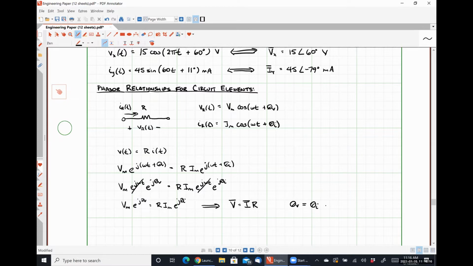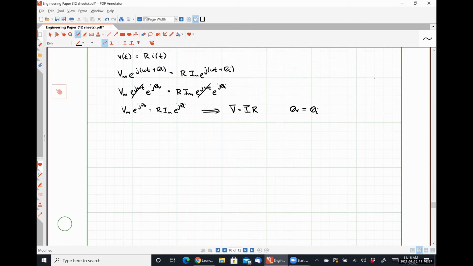So we know that the magnitude of the voltage drop is equal to R times the magnitude of the current, and we can easily see that the phase angle of the voltage is exactly equal to the phase angle of the current. So for a resistor, currents and voltages are perfectly in phase.